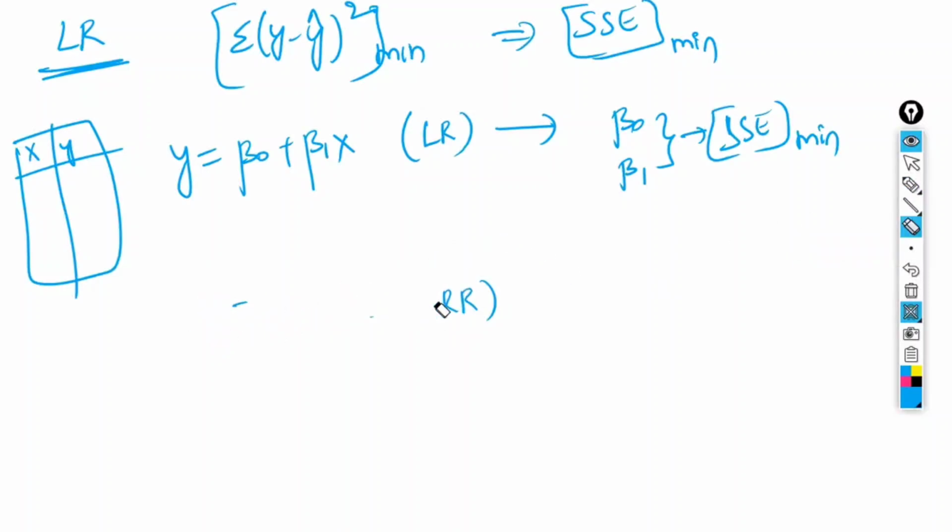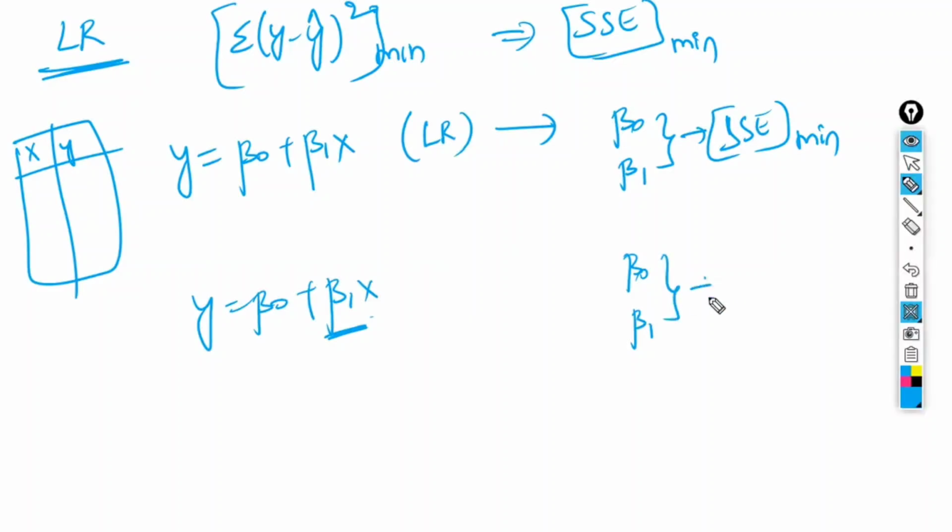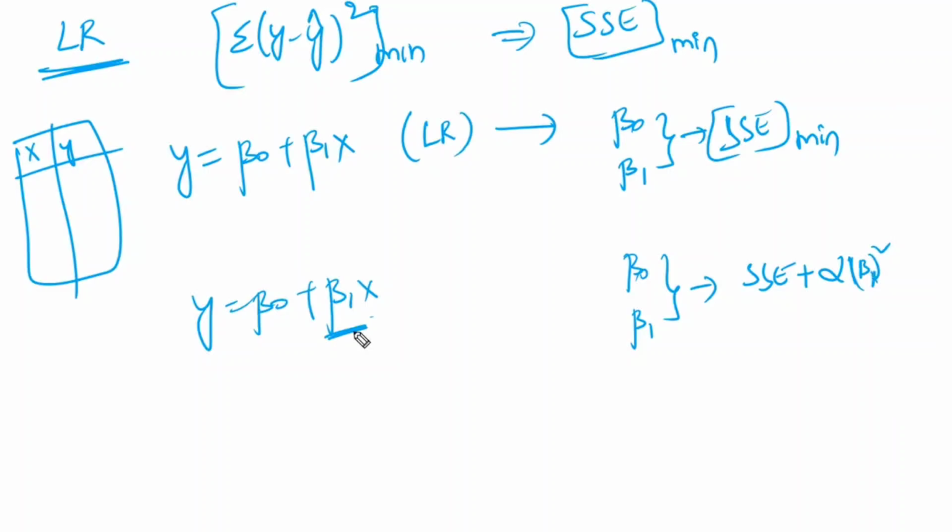You are going to identify beta naught and beta 1 only. Once again, you are going to identify these two values only. But this time you are not going to focus only on the SSE. Plus alpha into beta square also should be less. What is meant by alpha into beta square? It means alpha into beta 1 square. Beta 1 is nothing but this one.